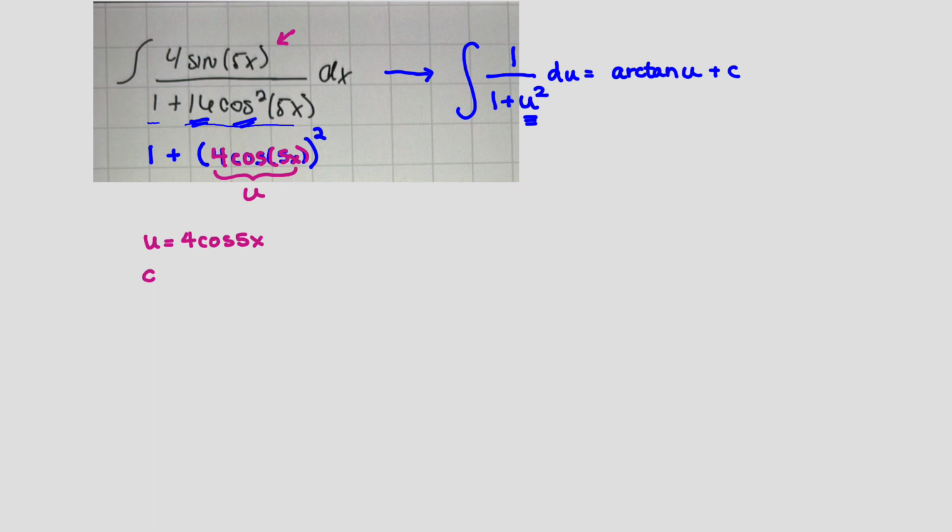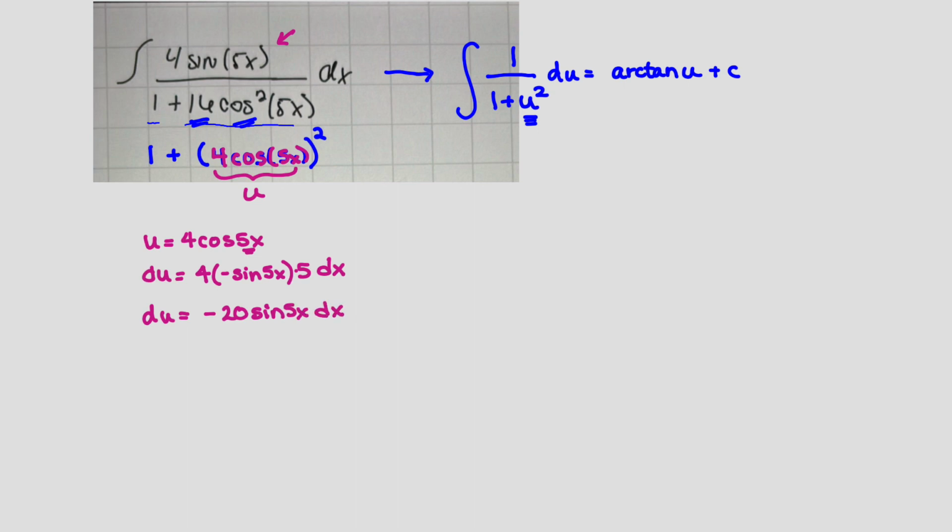And then du, or the derivative of u, is going to be 4 times the derivative of cosine, which is negative sine, times the derivative of 5x, which is 5, and then dx at the back end. In other words, du is just negative 20 sine of 5x dx.